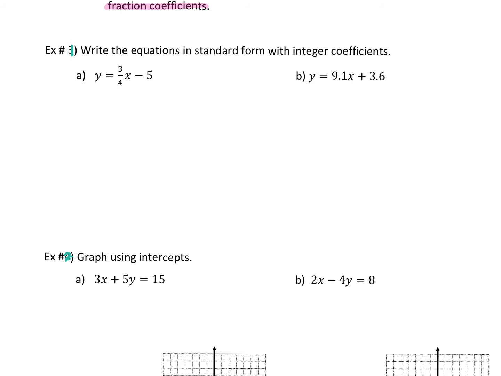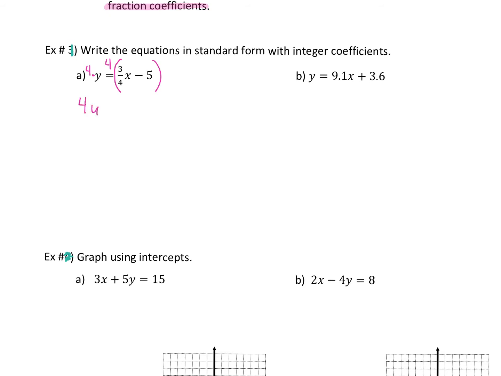So we multiply by 4, but we have to multiply by 4 on the other side as well so that we don't change the value of our equation. So we take all of this and multiply it by 4, and we multiply the y by 4. Everything gets multiplied by that least common denominator.